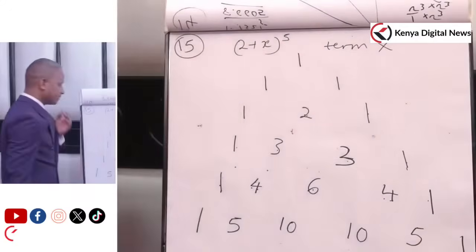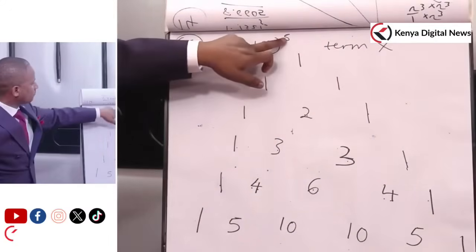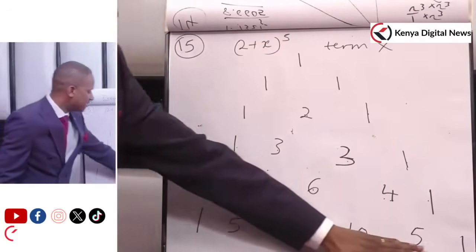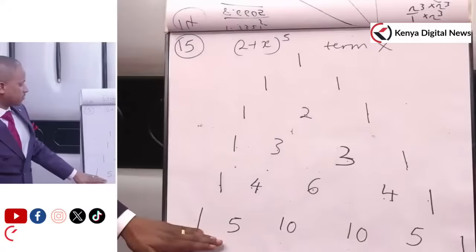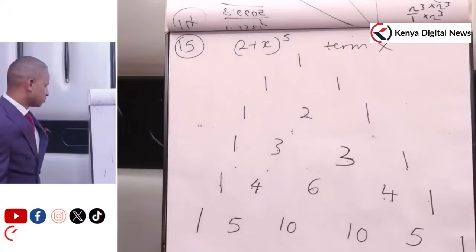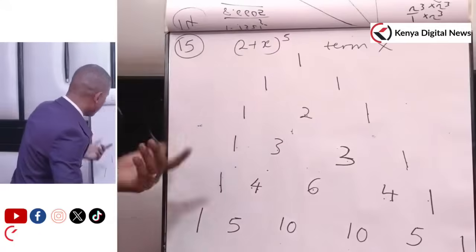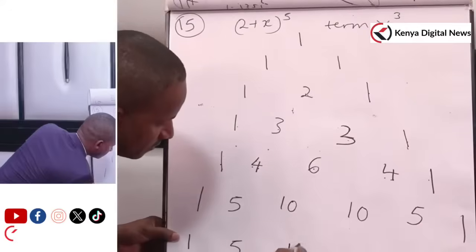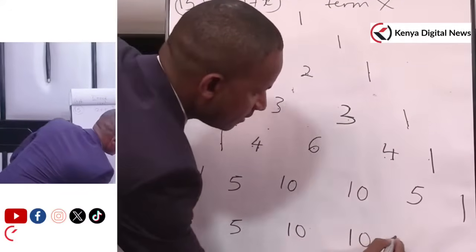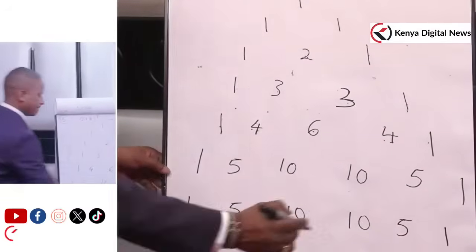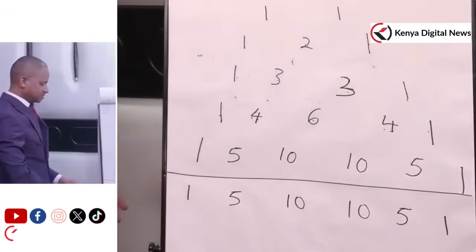Then another 1. But because we have been restricted to this power, these are the values that we are going to use on this Pascal's triangle. So, from here, we are going to use 1, 5, 10, 10, 5, 1. We are going to leave our Pascal's triangle there.